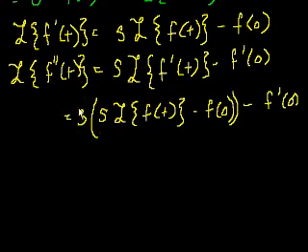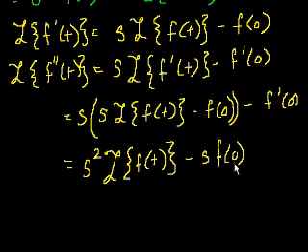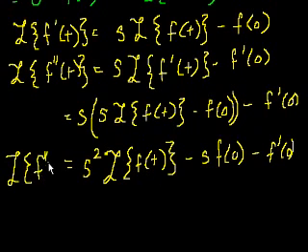And we get the Laplace transform of the second derivative is equal to s squared times the Laplace transform of our function, f of t, minus s times f of 0 minus f prime of 0. And I think you're starting to see a pattern here. This is the Laplace transform of f prime prime of t.